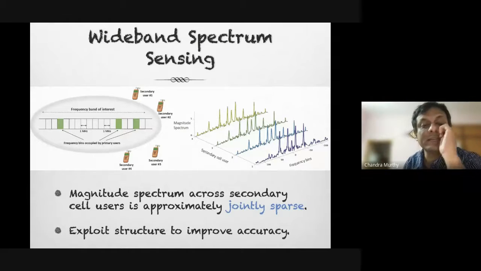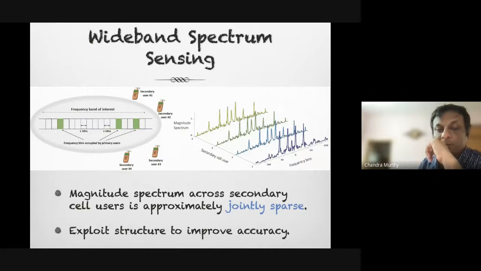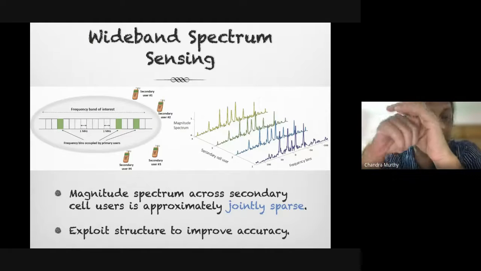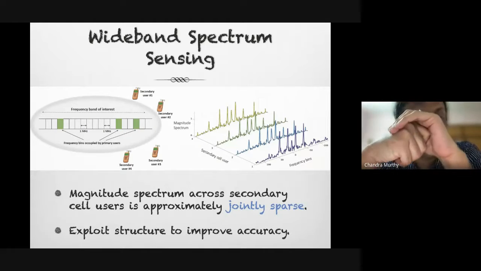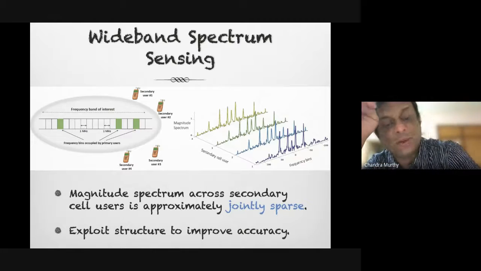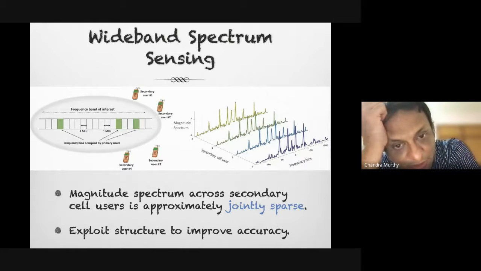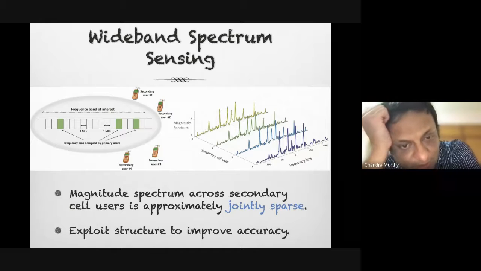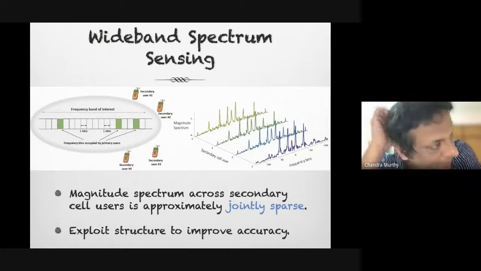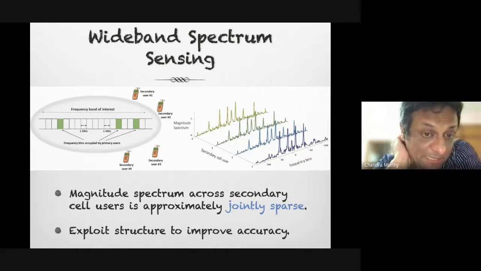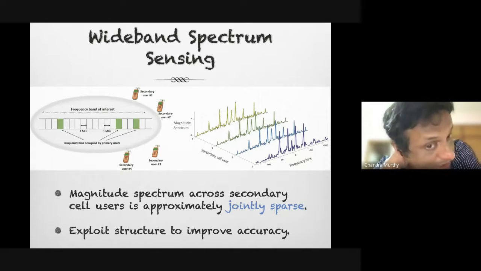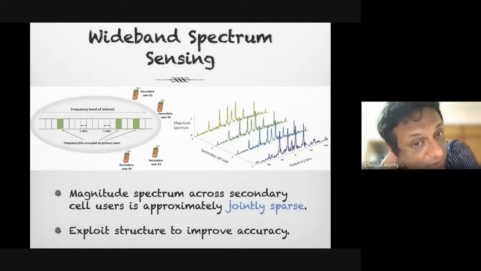However, notice that if you look at multiple such secondary users, the support, or the locations of the frequency bins where the signal is occupied, will be the same at all the users. It doesn't matter who is observing the RF spectrum. If there are three primary users transmitting in the three green frequency bands shown in the picture, then all the secondary users will see the same three bins being occupied.